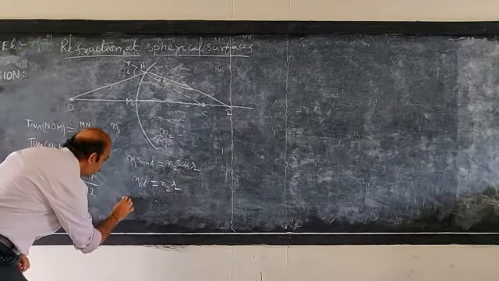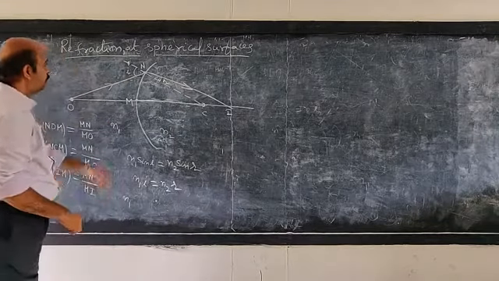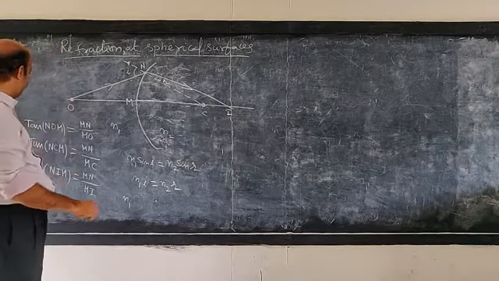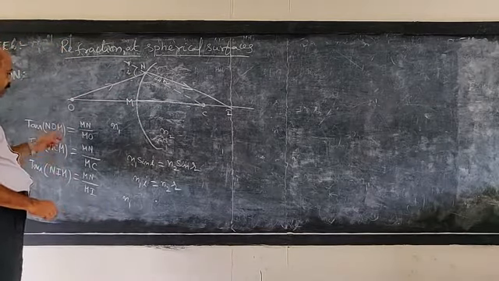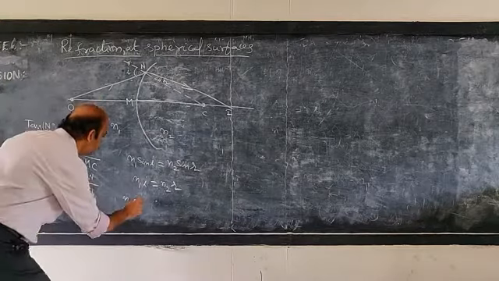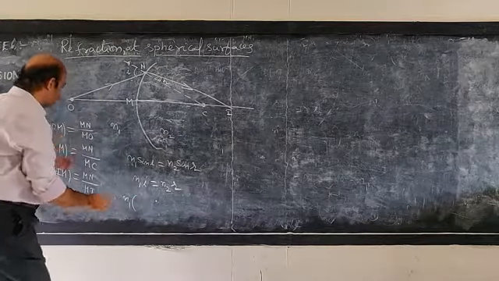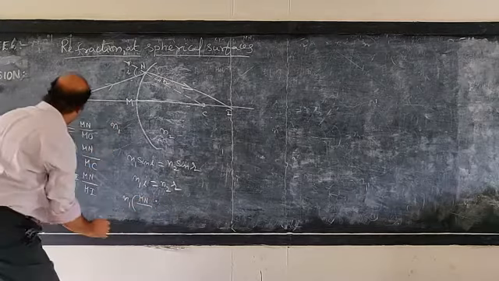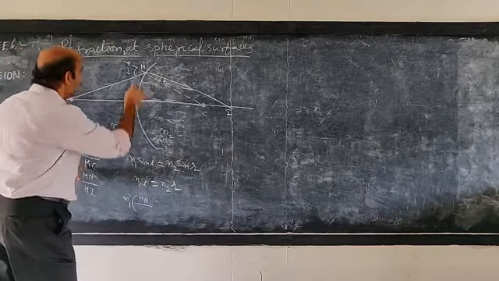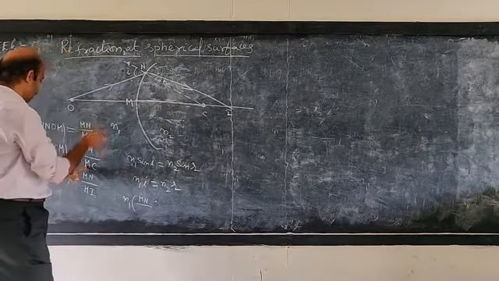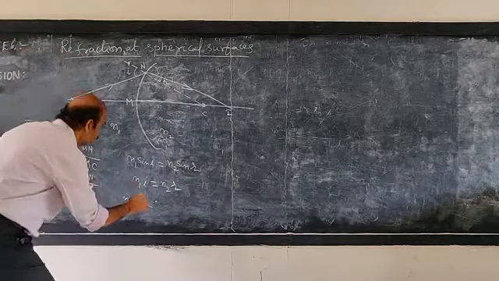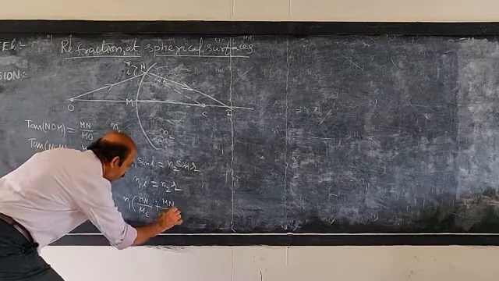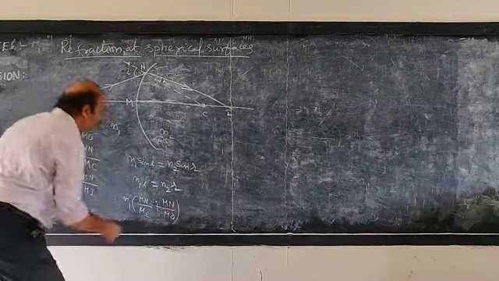Therefore, I can write N1 times this external angle, which is equal to angle C plus angle O, that is MN by MC plus MN by MO.